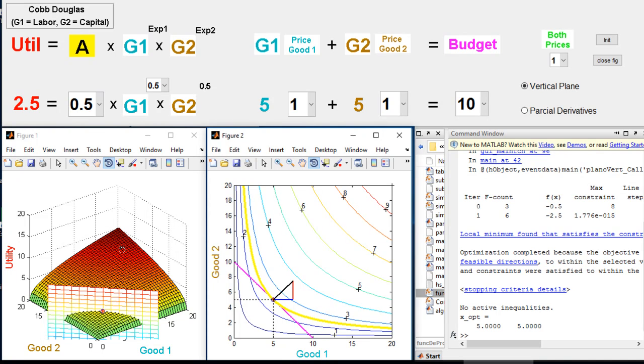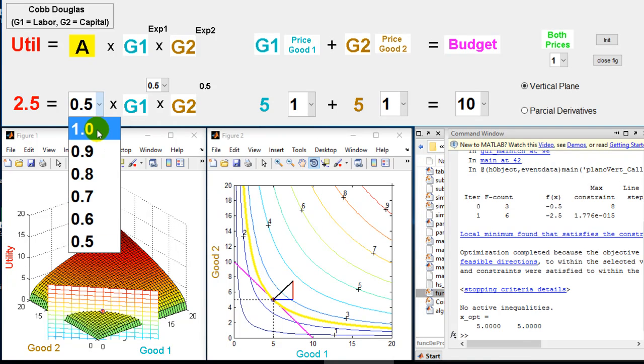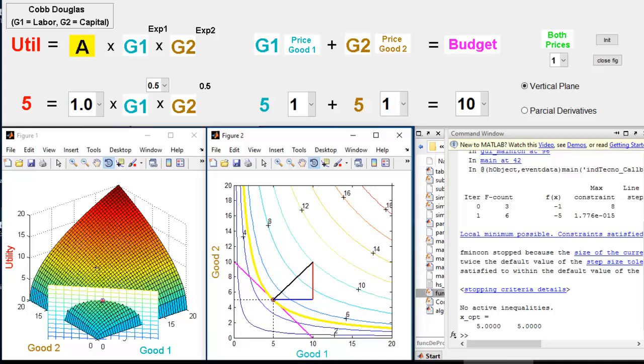And this will go up. So let's see it. If we duplicate, then this goes up, and here the maximum is 5, and the optimal solution is still 5 and 5, but when you substitute 5 and 5 here, you get the value 5, which is this yellow optimum indifference curve, and you can see that it is between 4 and 6.